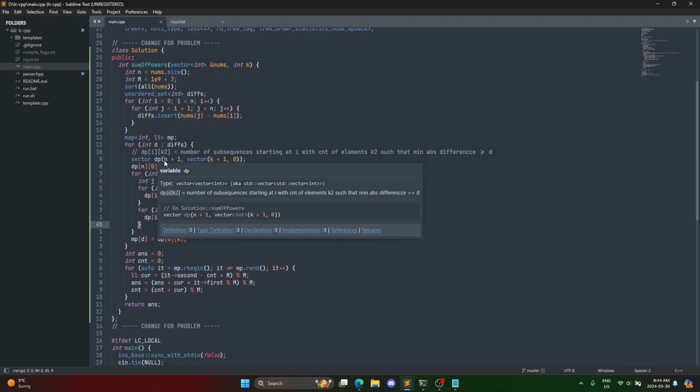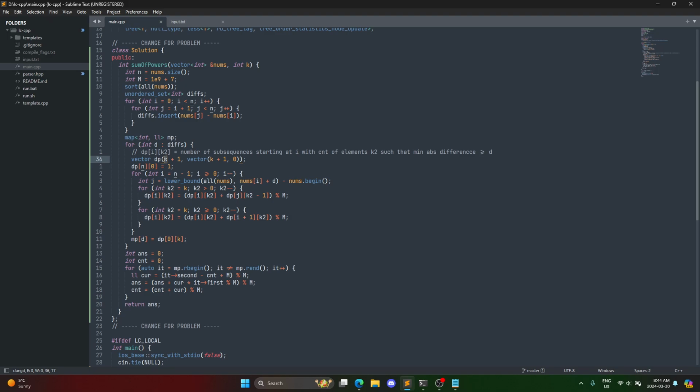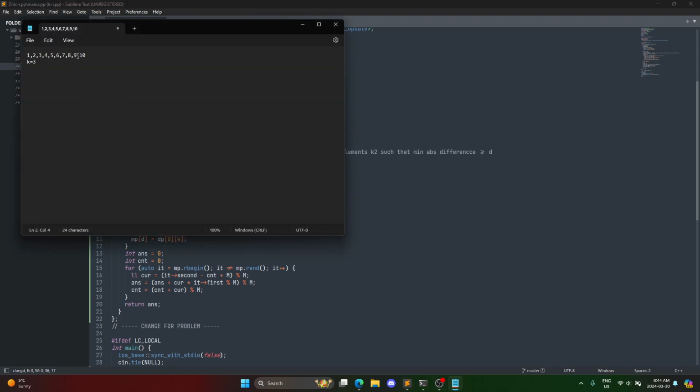I usually do this because m plus 1 conveniently represents out of bounds. So like if let's say I'm at 9, right? I need k equals 3, so I need 12 for that difference. This should be D. Then it's just this index over here.